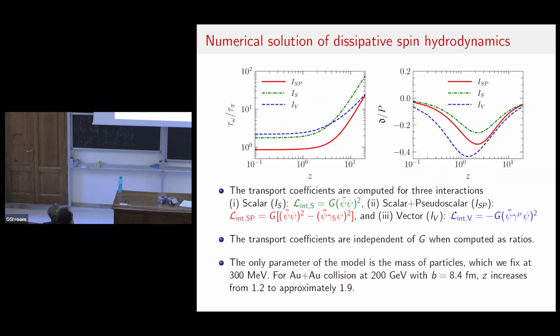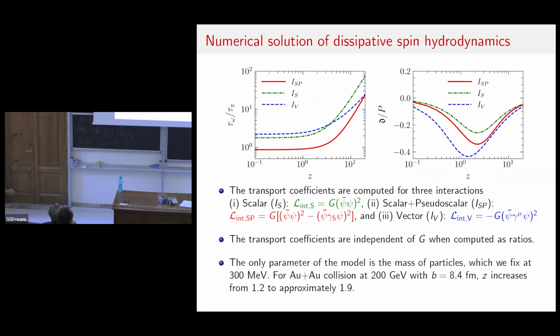Now the only information that we need to solve these equations are the transport coefficients. It's not possible to discuss all the transport coefficients here, so I'll show two which I feel are most important. One is tau omega, which is the longest time scale in the system.